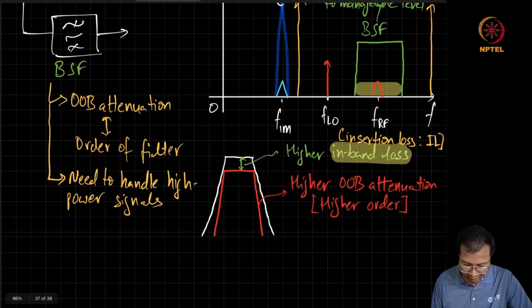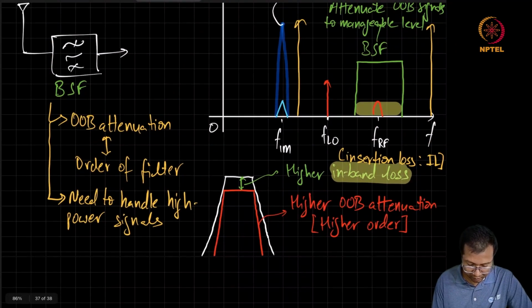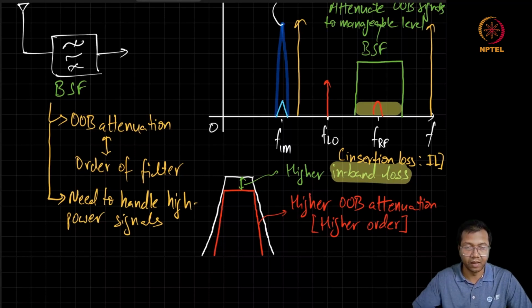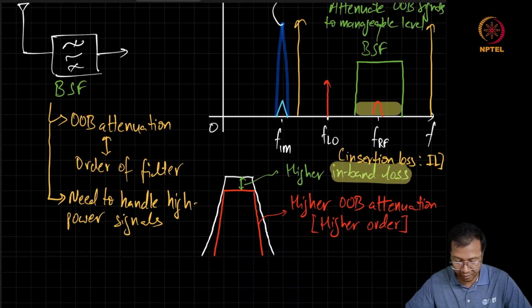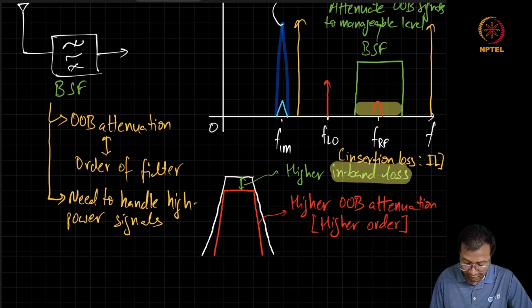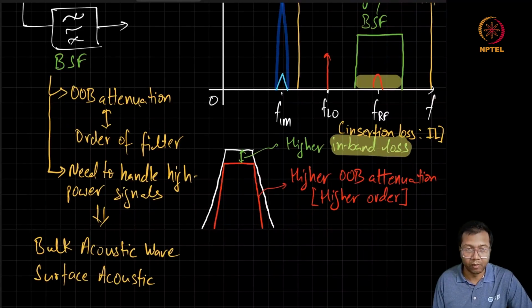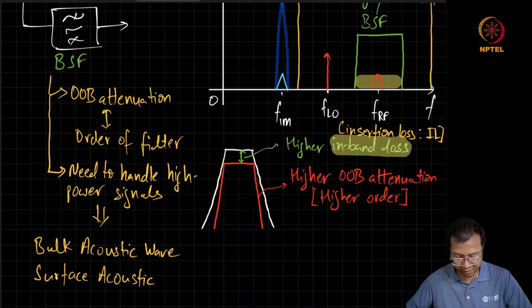So it turns out that we just can't use any standard filter design. There are some specialized technologies which are used to design this band select filter. At a lower frequency, surface acoustic wave filters are common, whereas if you exceed a few gigahertz of frequencies, we need to use bulk acoustic wave filters.